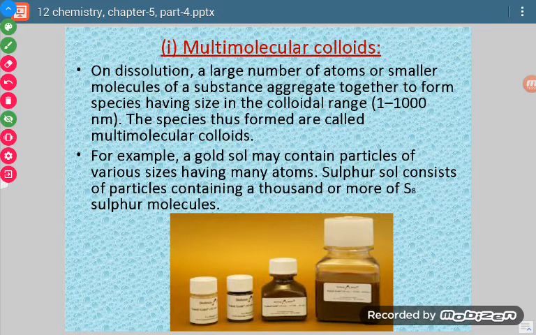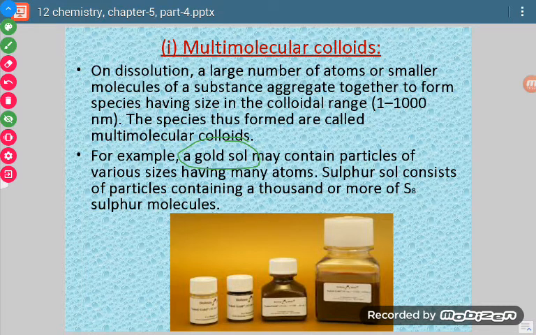For example, if we talk about gold sol, the size of gold particles is very small, not of the colloidal range. So what happens is a large number of gold particles come together, aggregate, and form a bigger molecule, and that bigger molecule is of the dimensions of colloidal range, and so we say that gold sol is a multimolecular colloid.